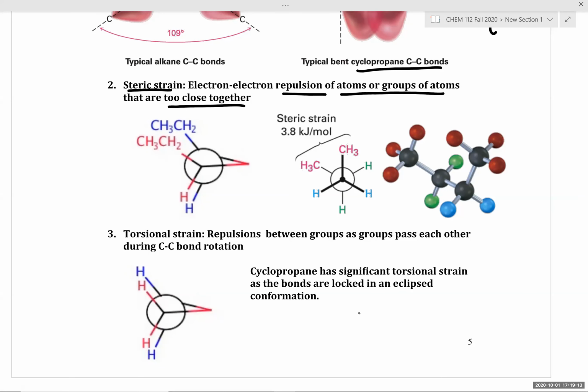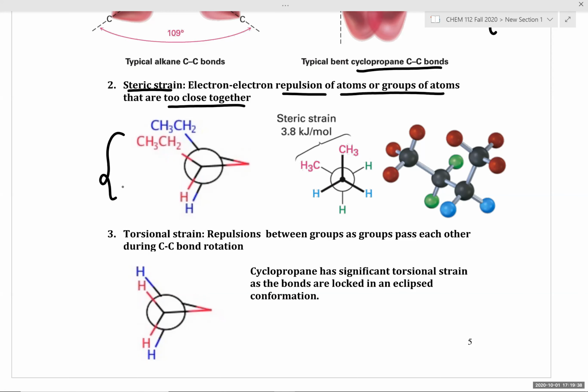Not that we want to keep making things worse for our cyclopropane molecule, but it's important to consider what happens when we start to have substitution on our cyclopropane. Well, let's look at this example shown here, where we have two ethyl groups positioned in our cyclopropane ring.